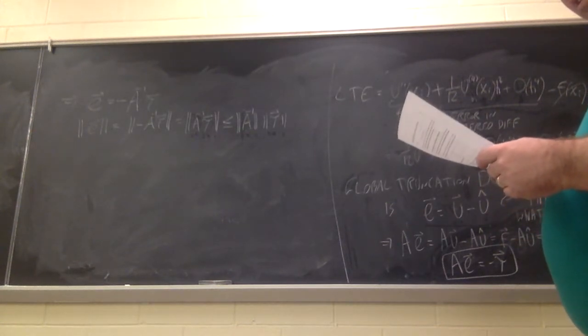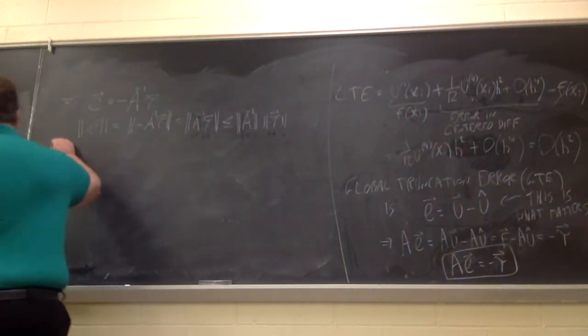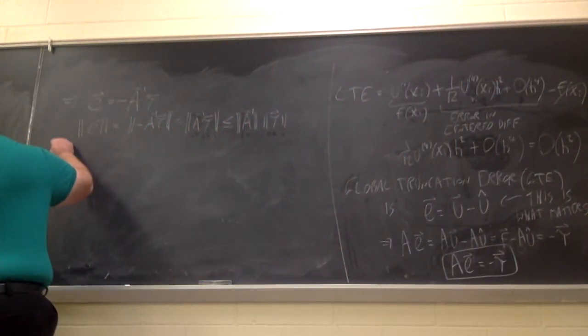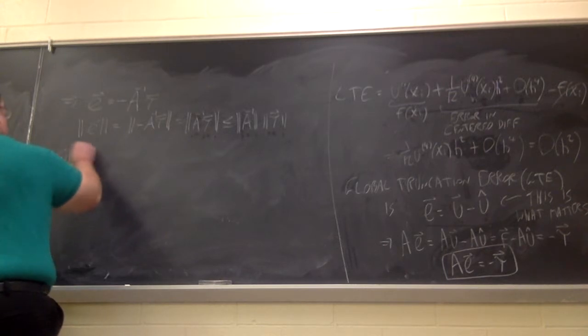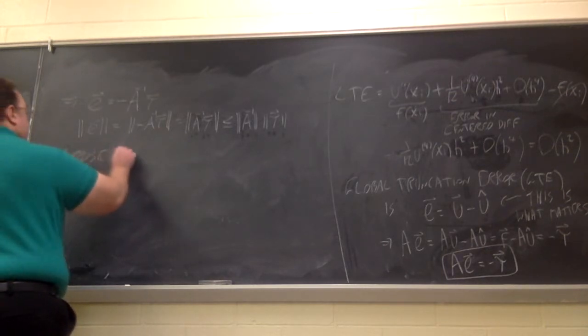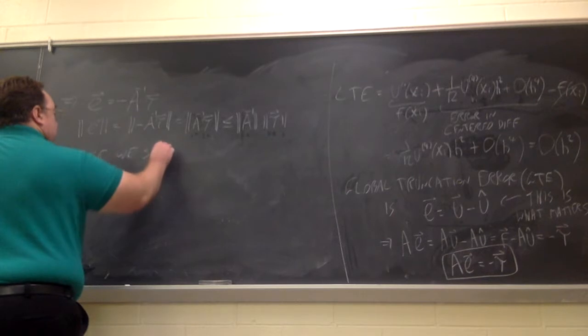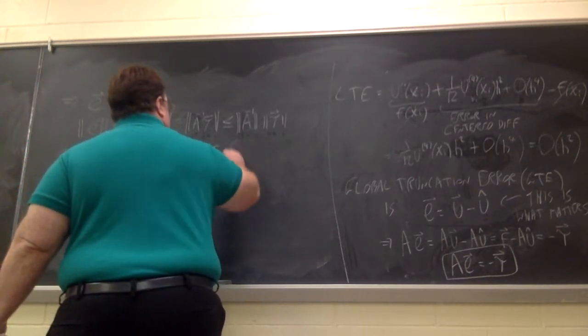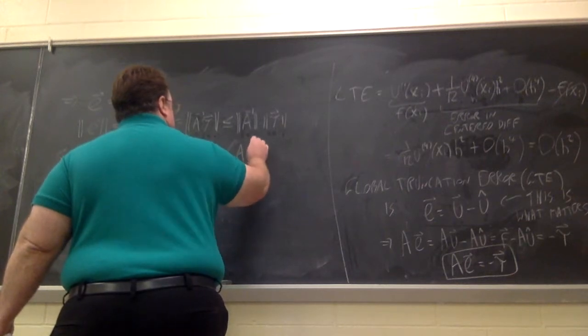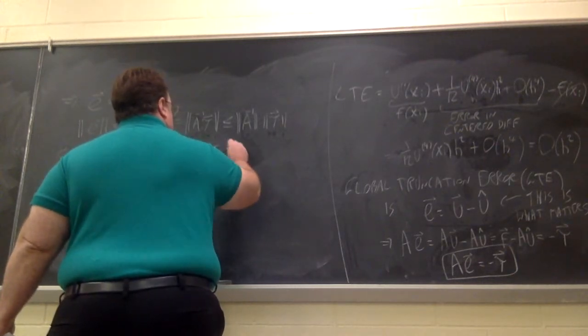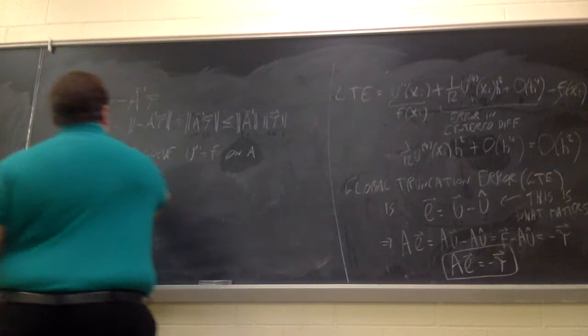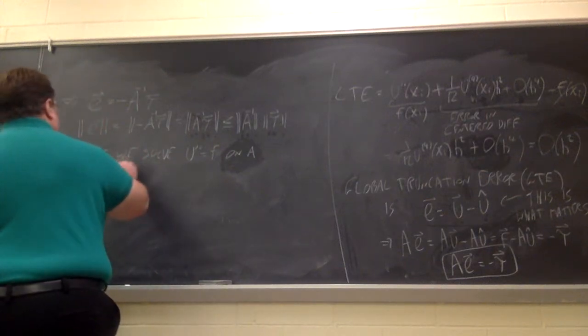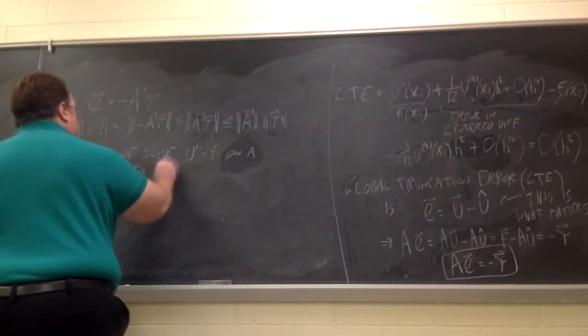Okay. Now suppose we solve this equation, u double prime equals f, on a grid with spacing h.